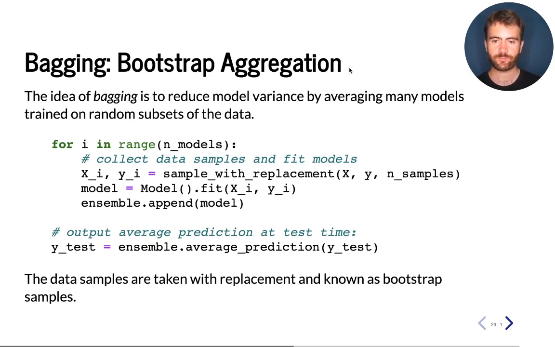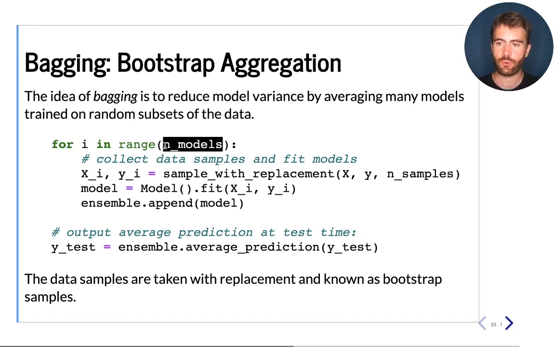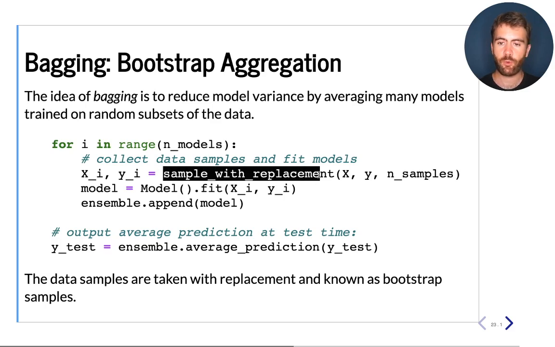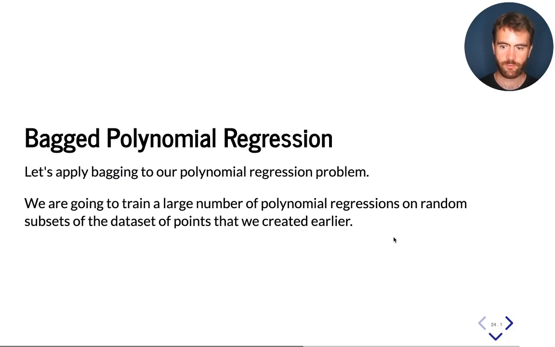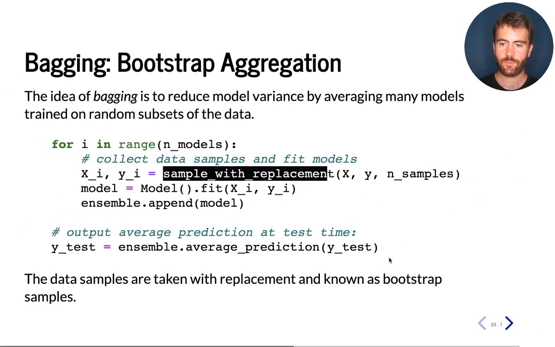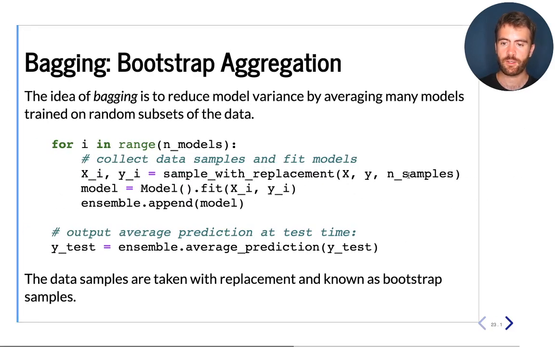Here I'm also defining the procedure for Bootstrap aggregation in pseudocode, and essentially it's really simple. We choose to have an average over some number of models that's specified here, and then for each model we collect a sample from our full training data set X. We take n samples from it with replacement.